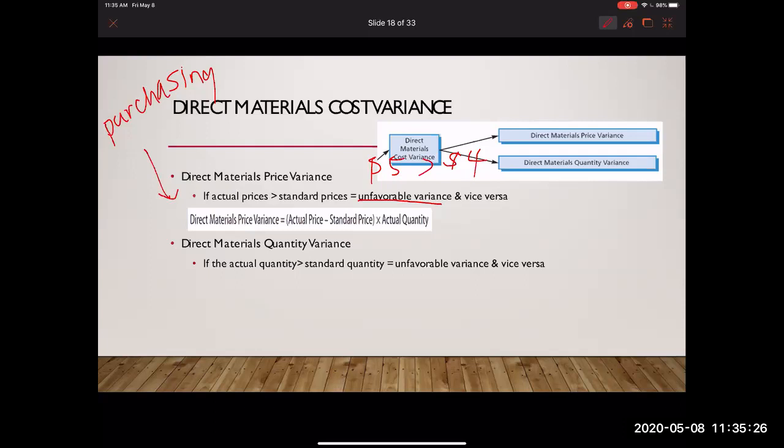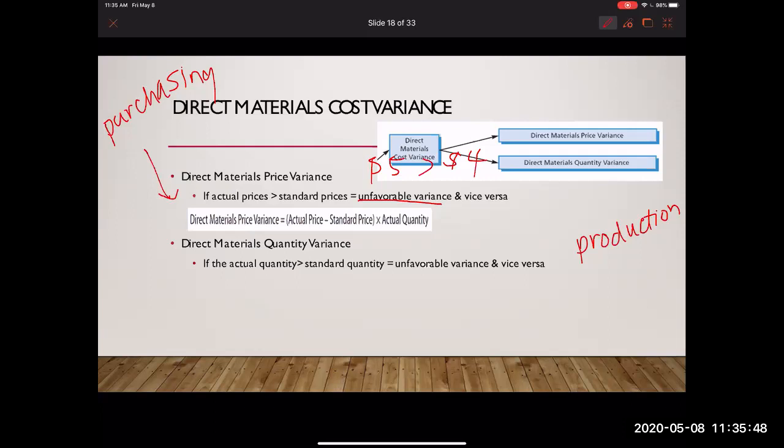Okay. All right, so direct material quantity variance, as I mentioned before, this one is relating to the production team. So if our actual quantity is greater than our standard quantity, then we would have an unfavorable variance, or vice versa.